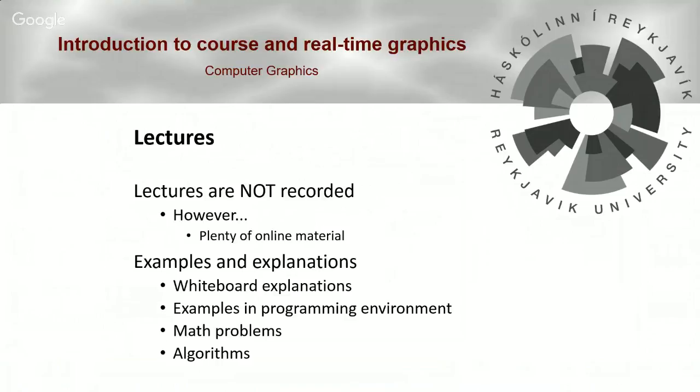So in the lectures, there'll be whiteboard explanations of these algorithms, these calculations, the vector math behind it, and examples of how we use this in the programming environment. And then we'll simply have math problems and step-throughs of algorithms and stuff like that. And this is what will, in the end, be on the final exam. These explanations, these math problems, and these step-through algorithms.